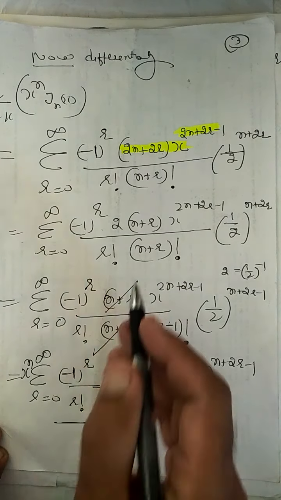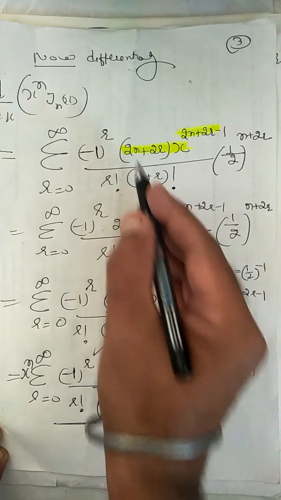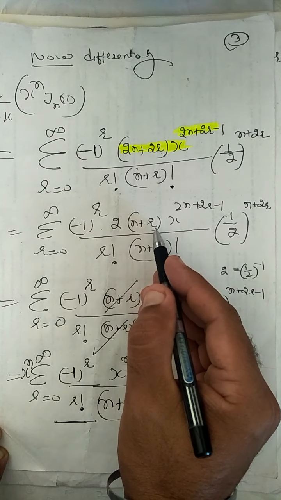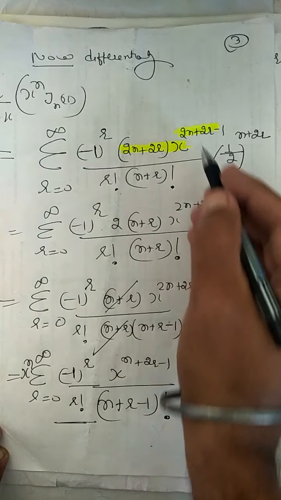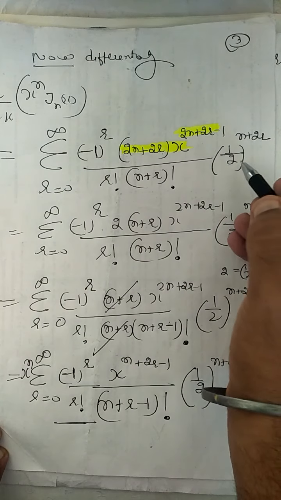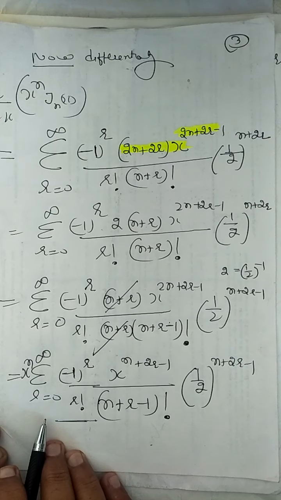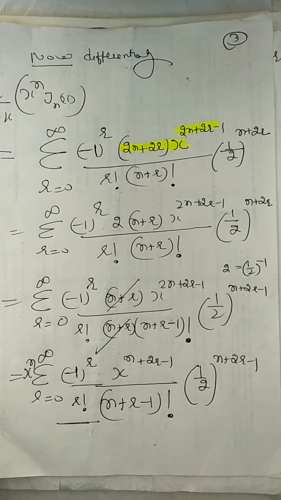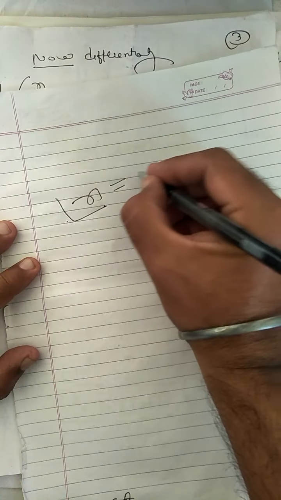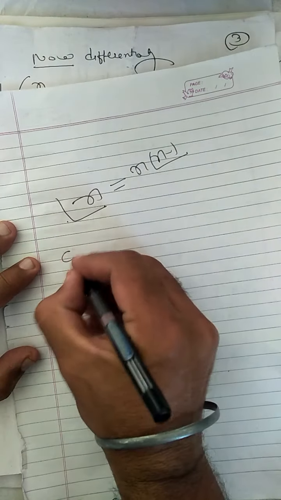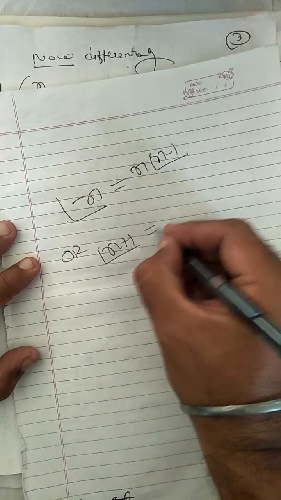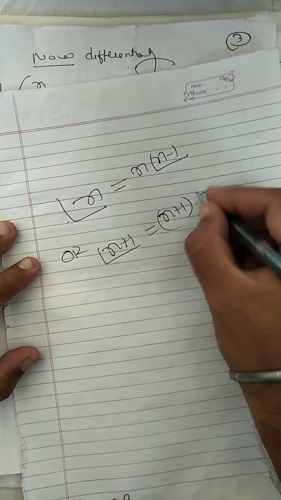Now 2 is common out from this, n plus r, x raised to the power 2n plus 2r minus 1, 1 by 2 raised to the power n plus 2r. Now we use the definition of factorial.